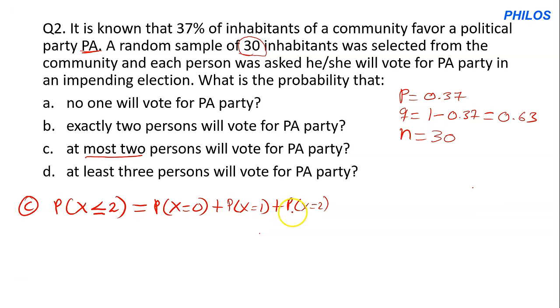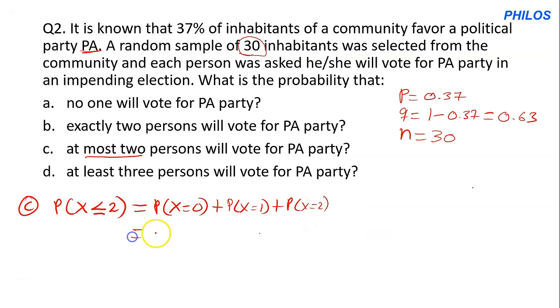That is the meaning. So to solve this, we are going to use the binomial formula to find the probability that x is exactly 0, then use that same formula to find the probability that x is exactly 1, and the probability that x is exactly 2.